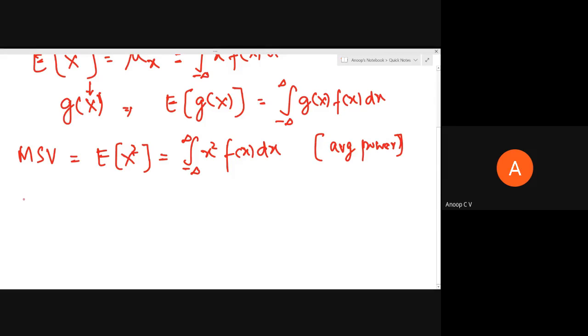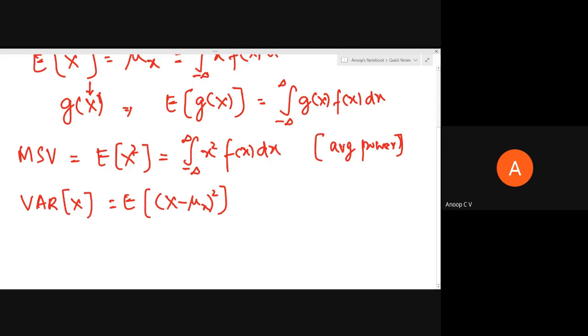Then another important result is variance. Variance of x is, maybe you might have studied it as, the second central moment. So the mean square value is the second moment, E of x square, and variance is the second central moment. The central moment is E of (x minus mu x) the whole square.